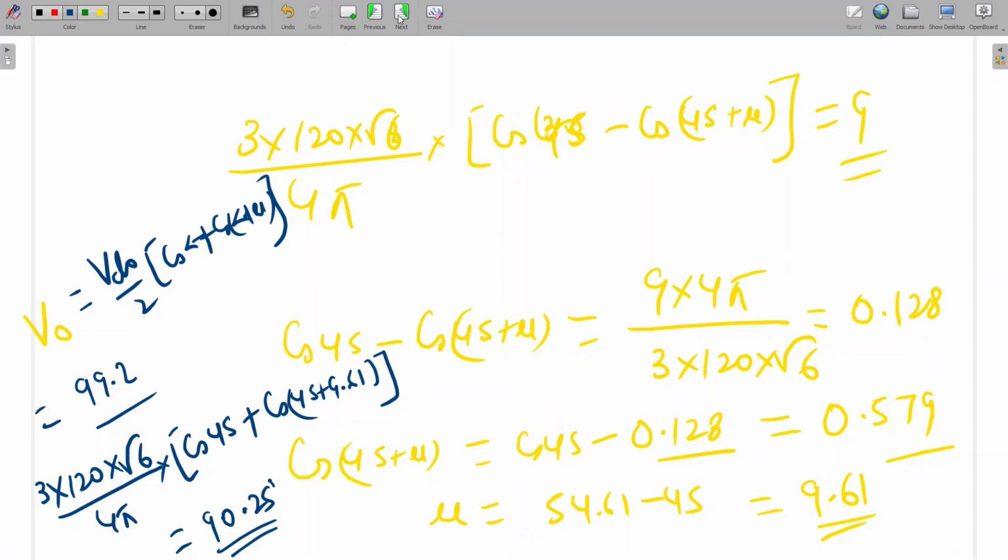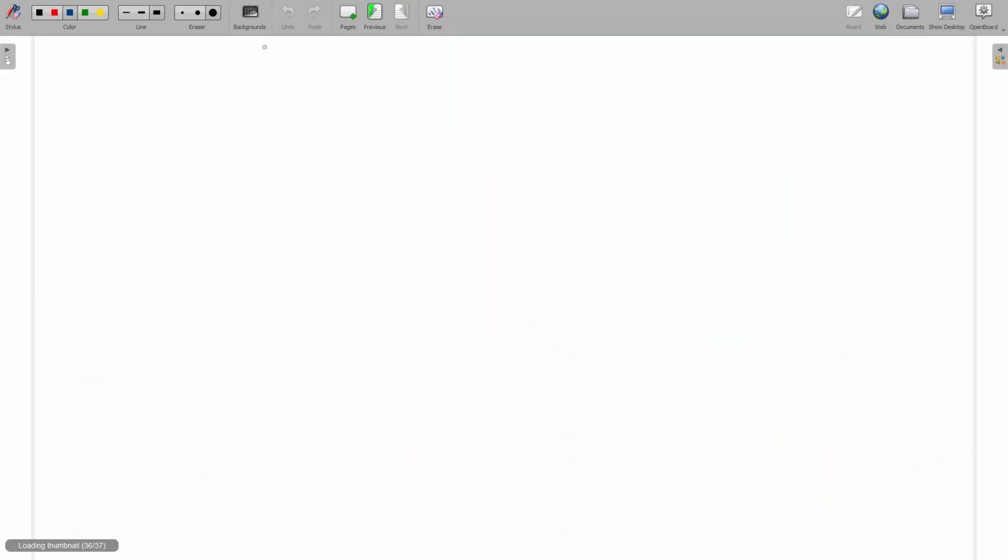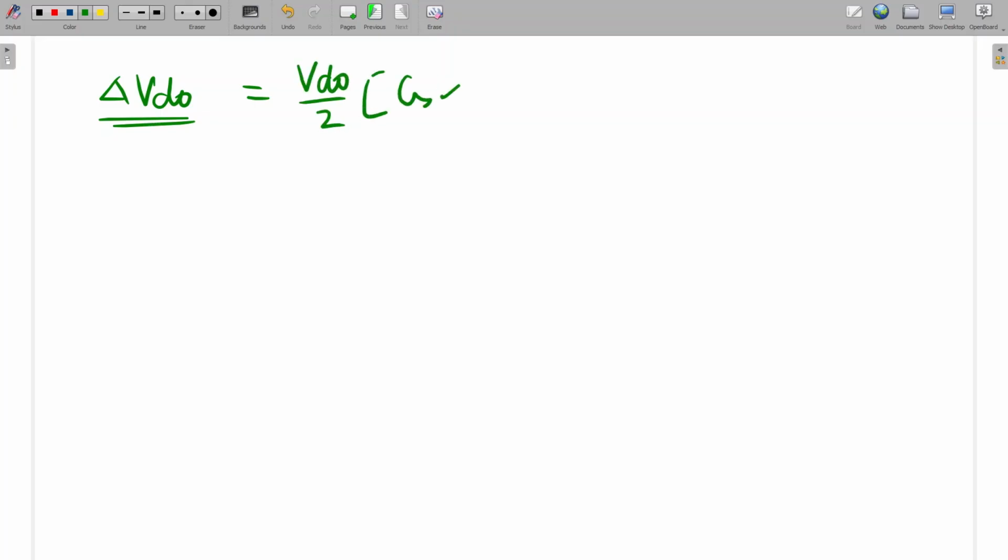So should I summarize the formula once more, like a revision? Yes, sir. So delta Vd0 is equal to Vd0 upon 2 into cos alpha minus cos alpha plus mu. This one formula we have to remember. For 1 pulse, 2 pulse, 3 pulse and 6 pulse, what is the delta Vd0 value?